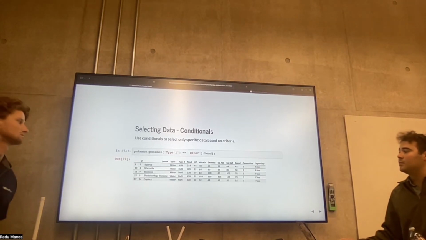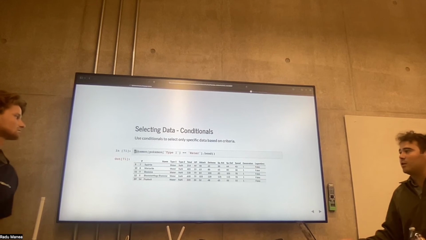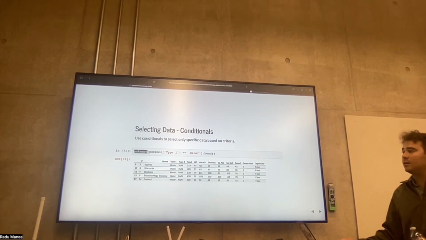So what we would do is we have our Pokemon data frame, and then in our brackets we want to get an index. So we're going to index at the type 1 column when it's equal to water. And by doing that, as you can see, we get all of our type 1 water Pokemon.